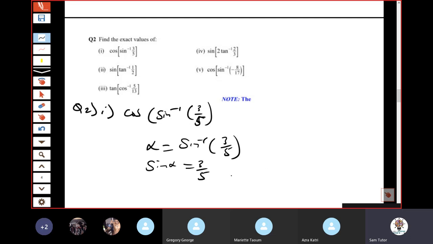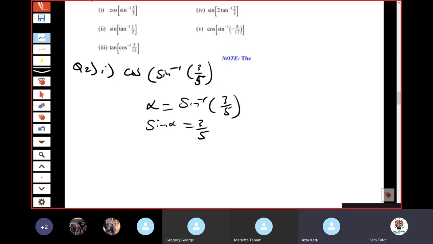Then what are we trying to find? We're trying to find cos of inverse sine, but that stands for alpha now, right? So we're trying to find cos alpha.